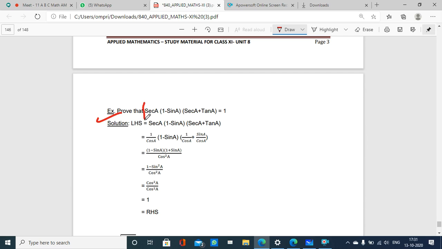Prove that sec a into 1 minus sin a into sec a plus tan a is equal to 1. What do you have to prove?